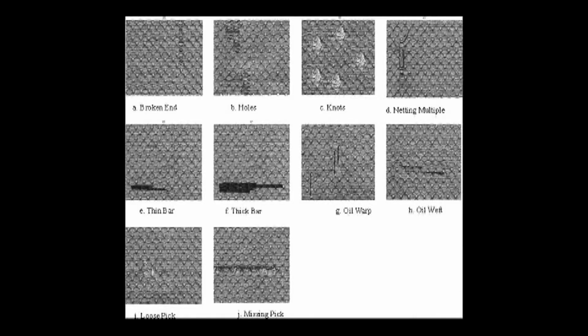Sometimes you find that there may be thicker yarns running along one of the lengths or the width side, or you may find threads hanging from the fabric, or knotted yarns, or uneven color and uneven yarns.